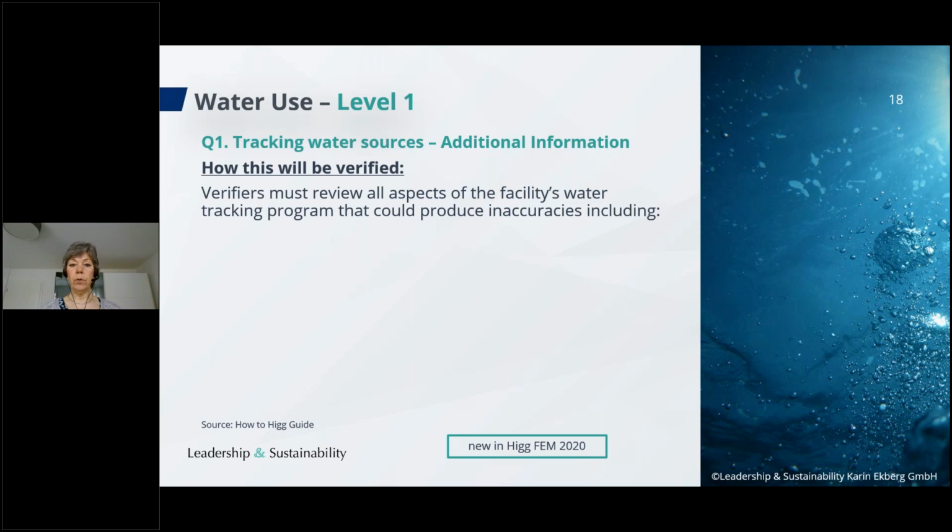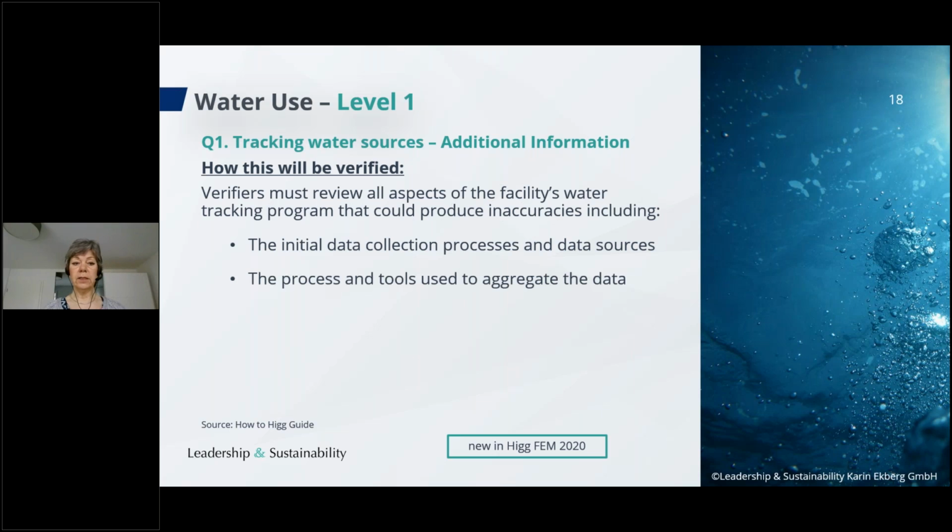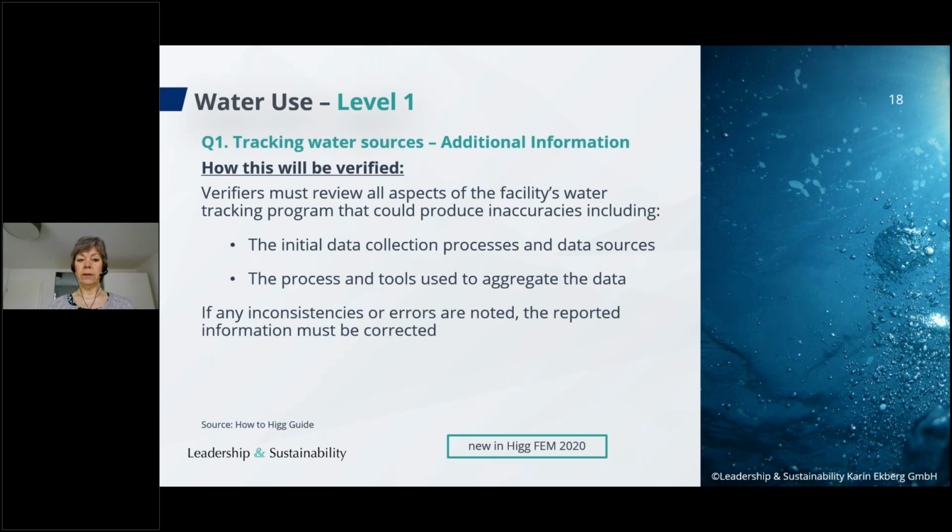So we should review all aspects of the facility's water tracking program that could produce inaccuracies, including the initial data collection processes and the data sources, the process and tools used to aggregate the data, and if any inconsistencies or errors are noted, the reported information must, of course, be corrected, as with every other question in the Higg FEM as well.